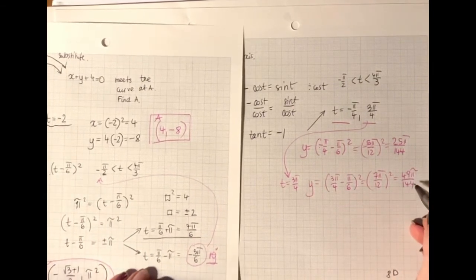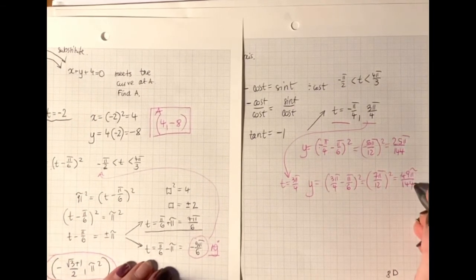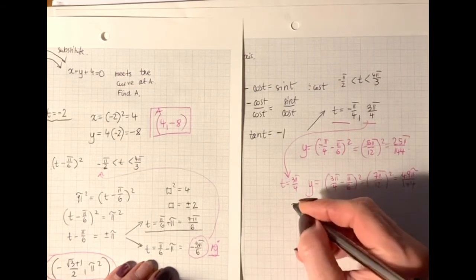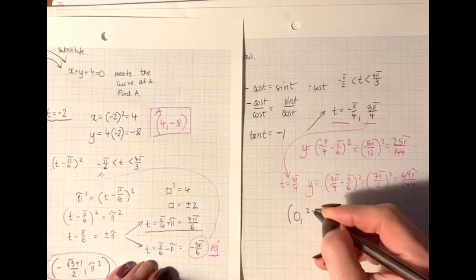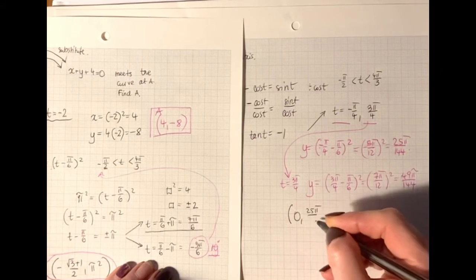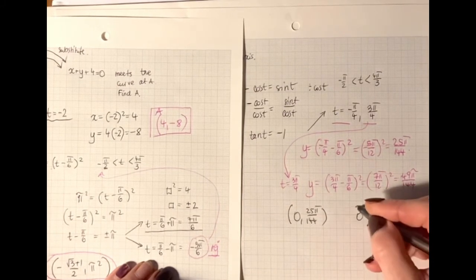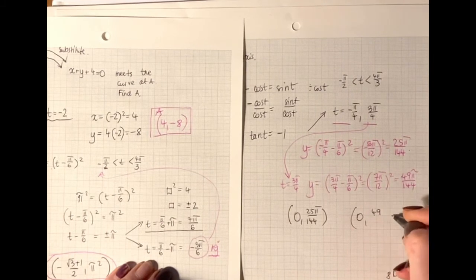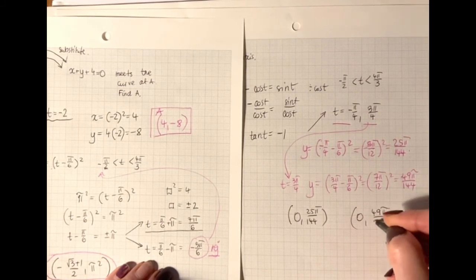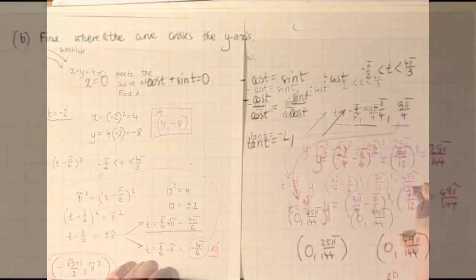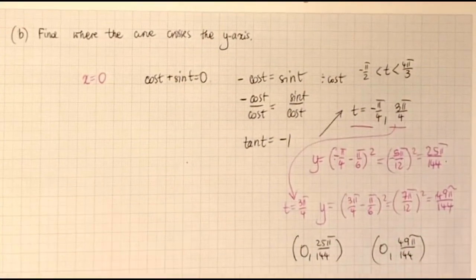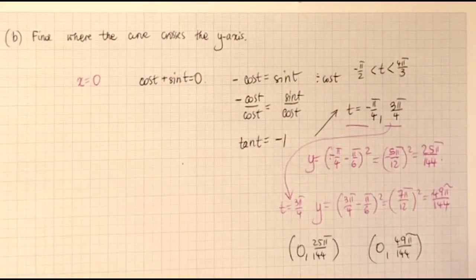So this one is going to be the lower point, and this one is going to be the higher point. So I can't remember what they were called, A and B or P and Q. So this one is the higher. Just noticed a mistake over here.